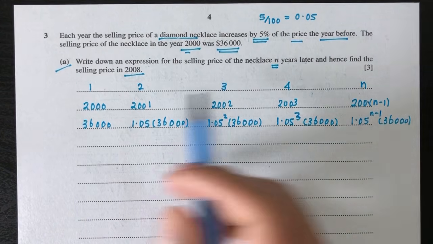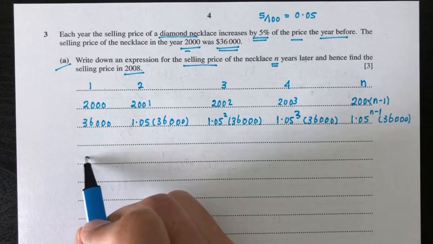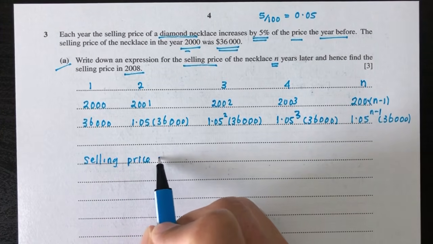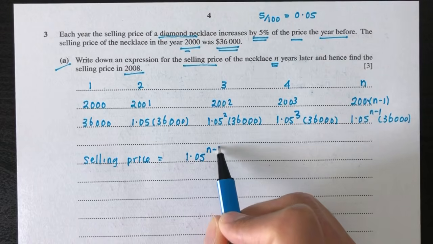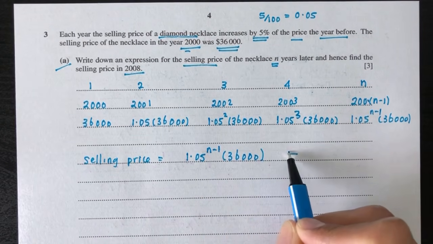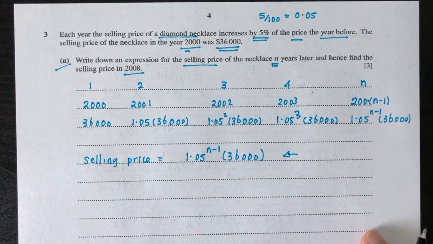Okay, so we have to find an expression for the selling price after n years. So the selling price after n years will be 1.05 to the power n minus 1 times 36,000. As you can see, by deriving from this, this will be your nth term.